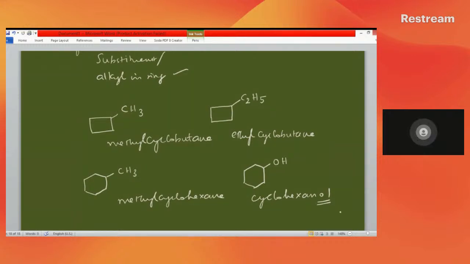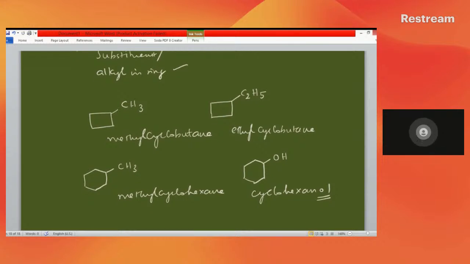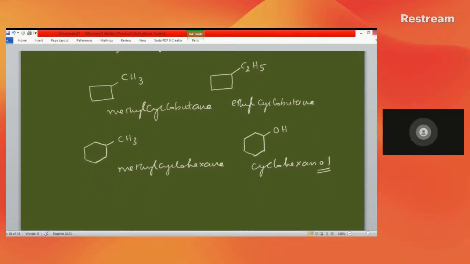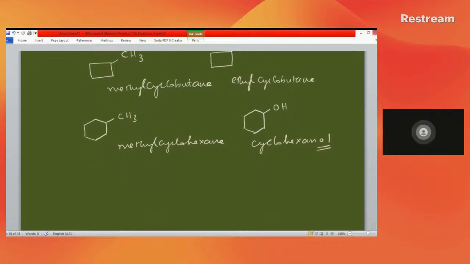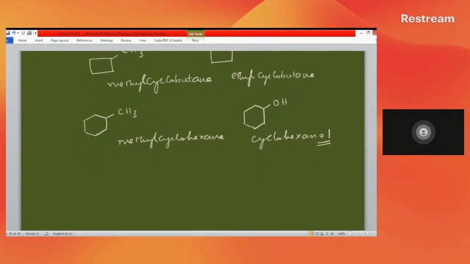The ring structure may have some branches like this, otherwise substitutions. The substitution means either an alkyl group or a functional group. Then it is easy to give its name.